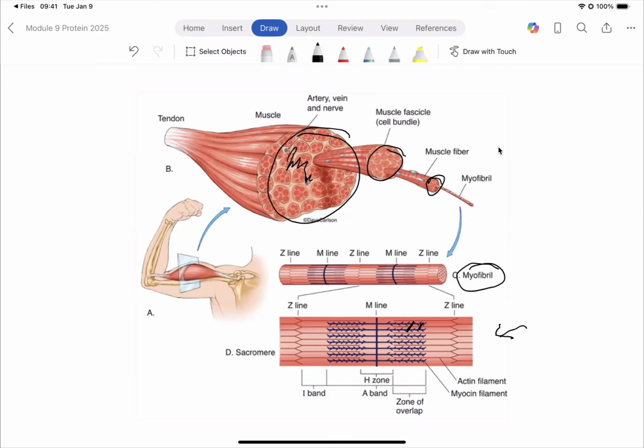Okay. So I don't think it's so important to know that, except to know that the muscle is a bunch of fibers that are surrounded by a connective tissue. And what you really need to know is the more active that muscle is, the tougher it is, right?